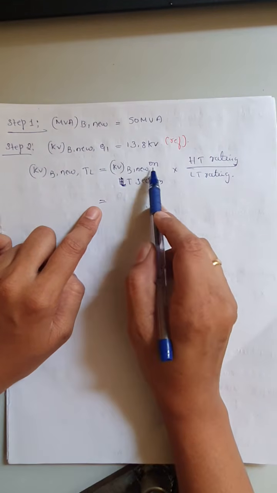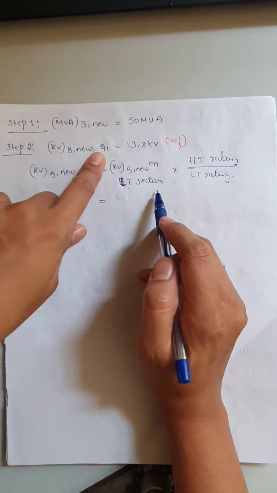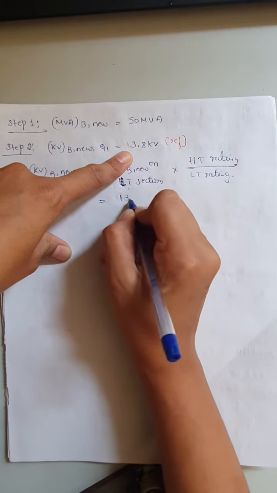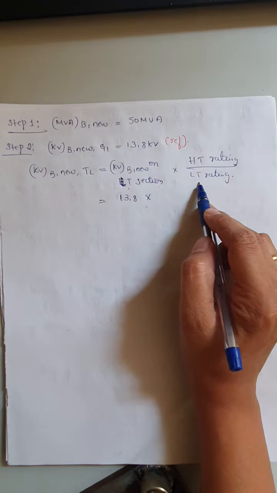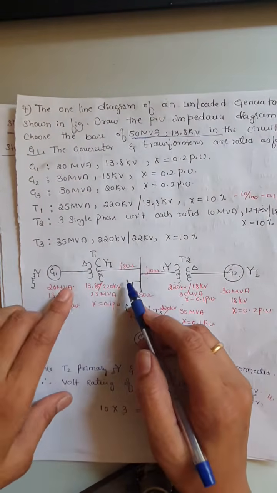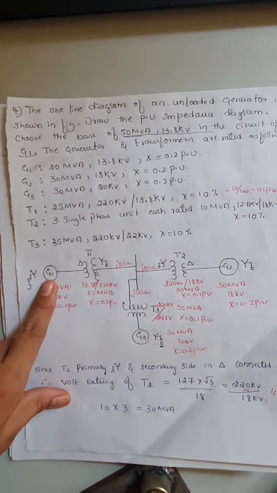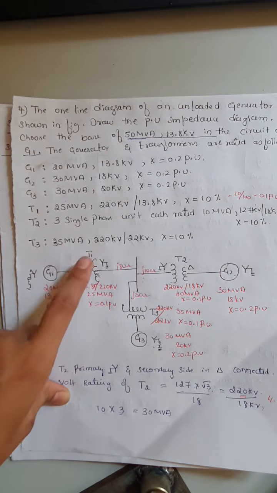Now kilovolt base on LT section. LT section is nothing but the low tension section, which is already given in the problem itself: generator value 13.8 kilovolt multiplied by HT by LT rating. Now again look at the given single line diagram. You are calculating the transmission line value by taking the generator value as a reference. In between this transmission line and the generator, we have the T1 transformer.